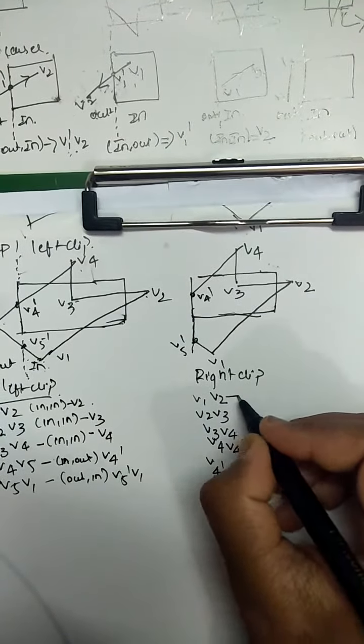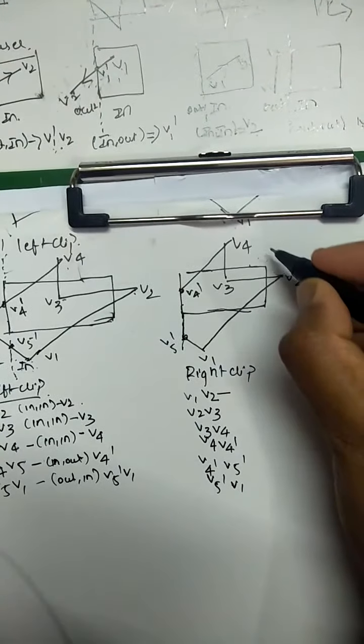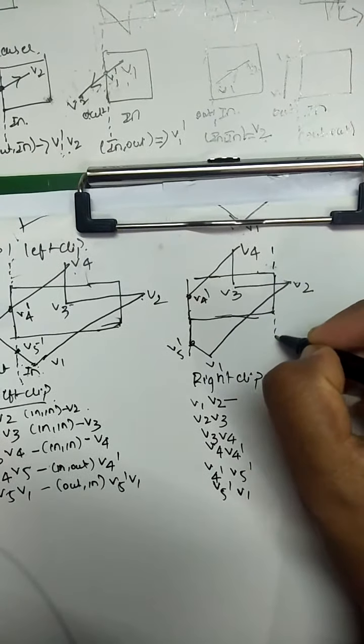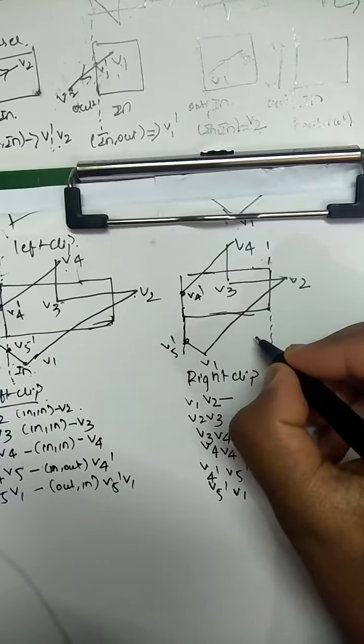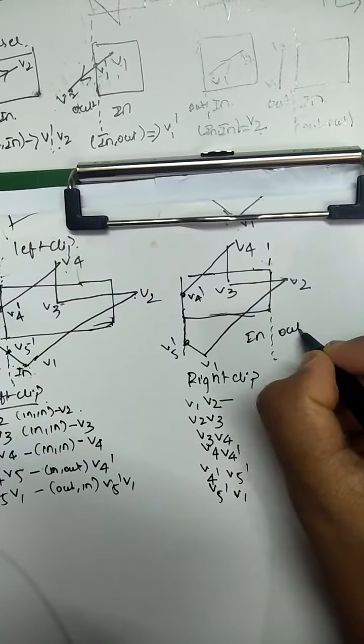So v1, v2, since this is a right clip, this will be in and this will be out region now.